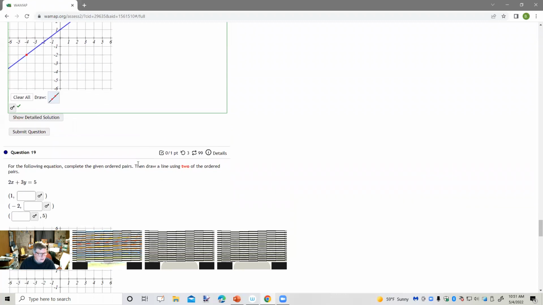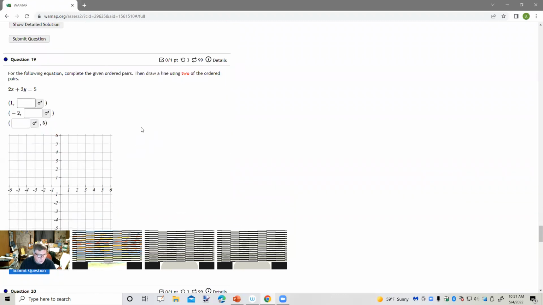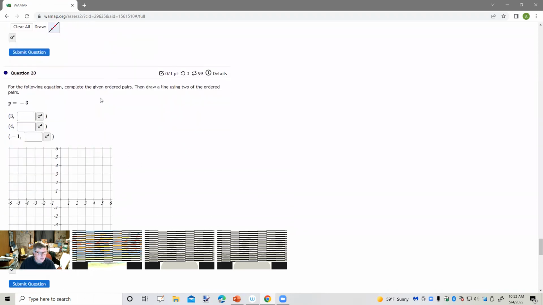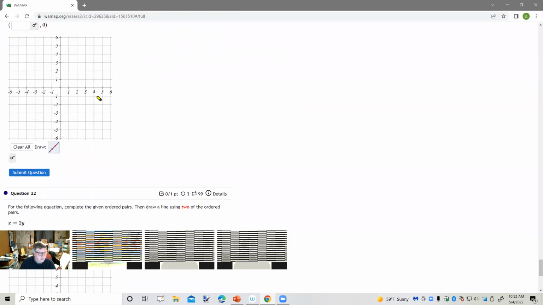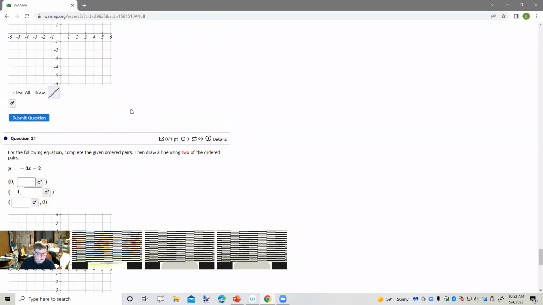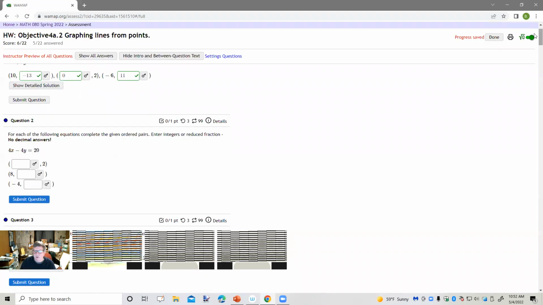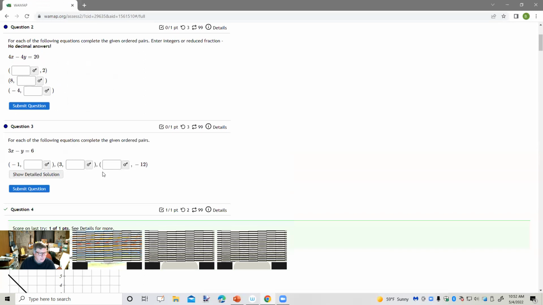All right. The rest of this assignment is just more of the same. You've got an equation and two variables. You're going to complete the ordered pairs, then use two of the ordered pairs to draw the graph. And that's what all of these are. So you've got really three types of questions in this assignment, but they're all interrelated. The first one is, given equations, complete the ordered pairs.